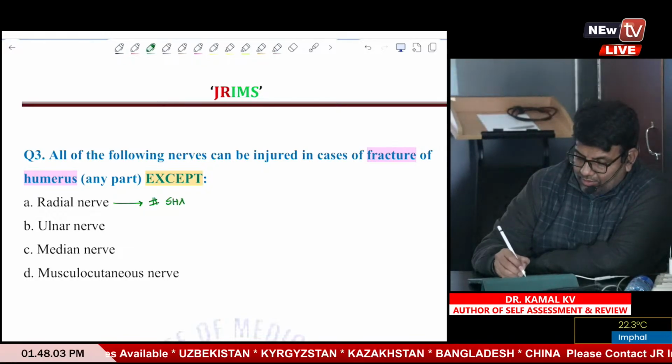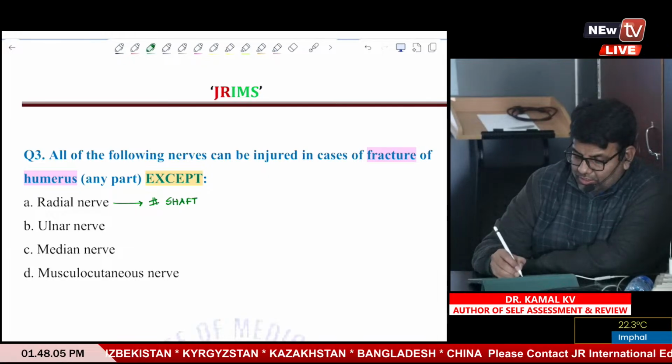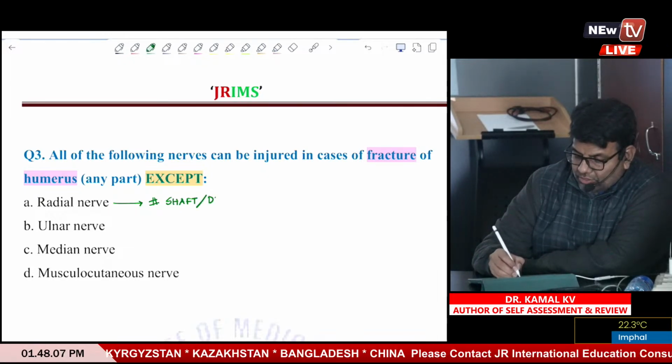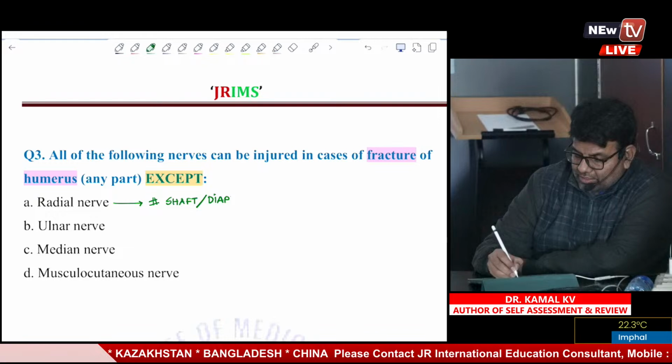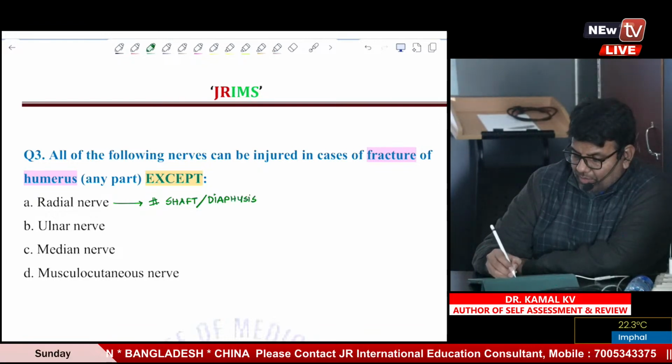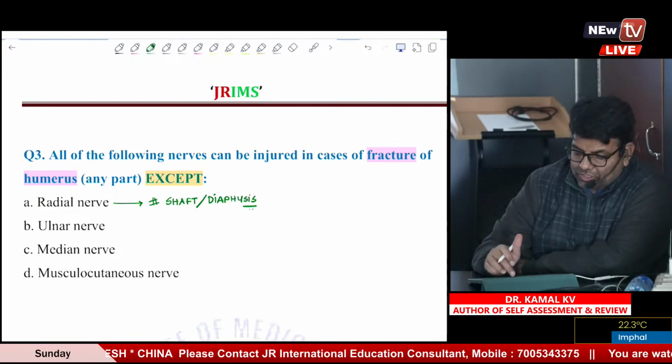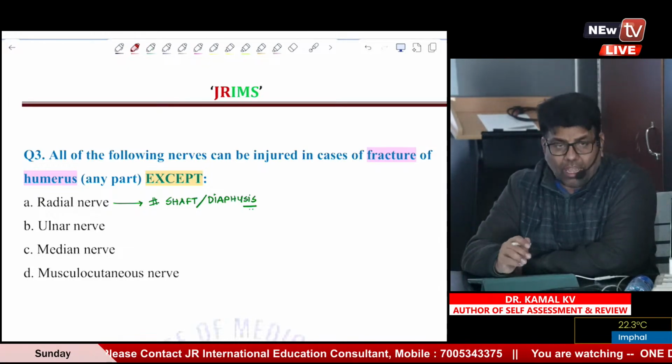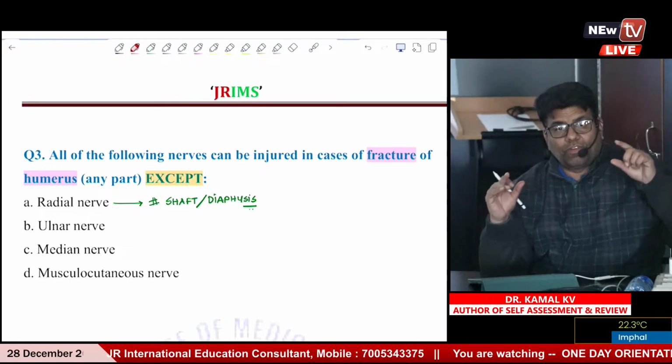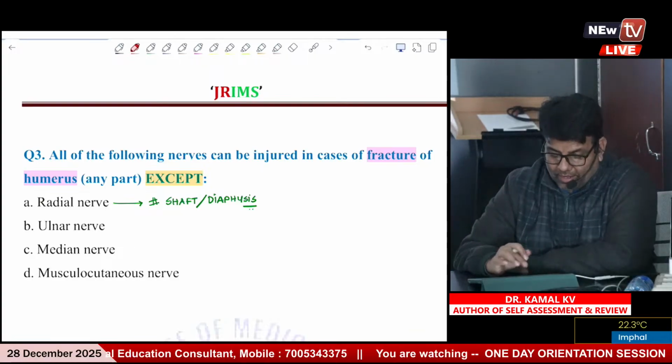Shaft of humerus. Very good. The shaft is also known as diaphysis. Clear? If there is a fracture through the shaft or diaphysis, there is high possibility that the fracture fragments can poke through the radial nerve.